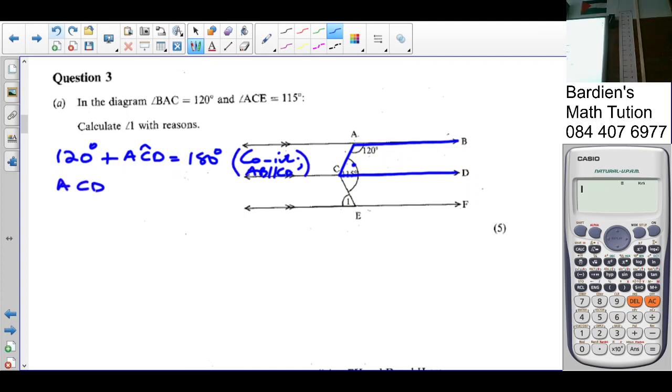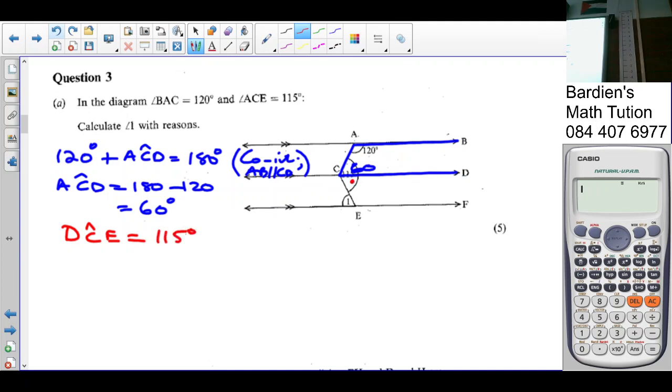So ACD is equal to 180 minus 120, which is 60 degrees. Now what? Yes, now we can calculate DCE. I'm going to calculate this angle here.